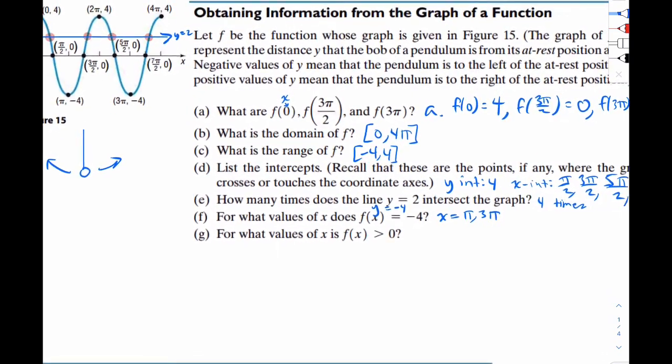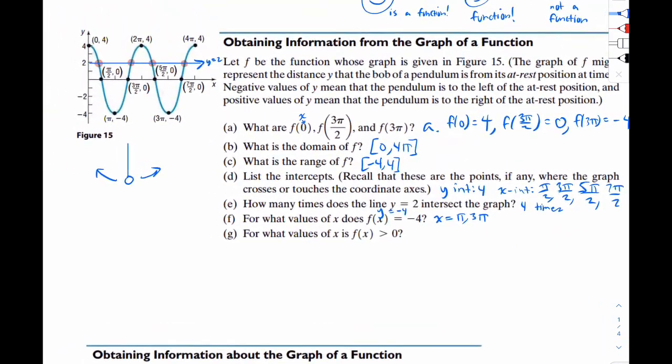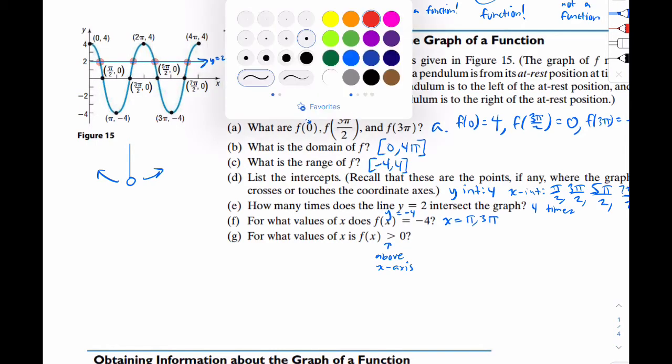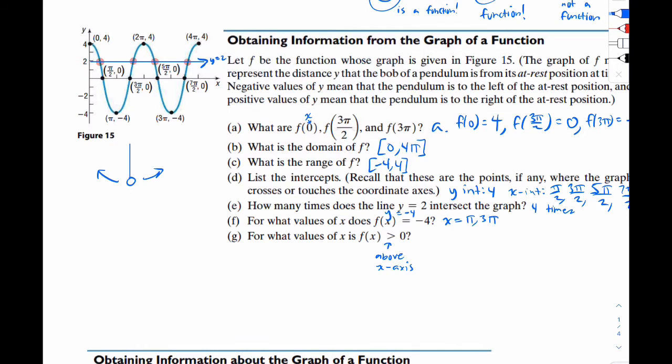And this is the last one, inequality. For what values is the graph greater than 0? If you see greater than 0, think of that as above the x-axis. So I'll just highlight here. I can see we're above the x-axis in a number of places. Here, here, and there.